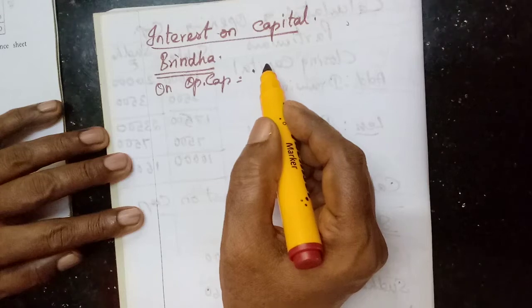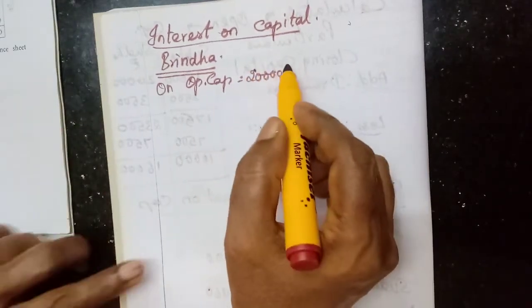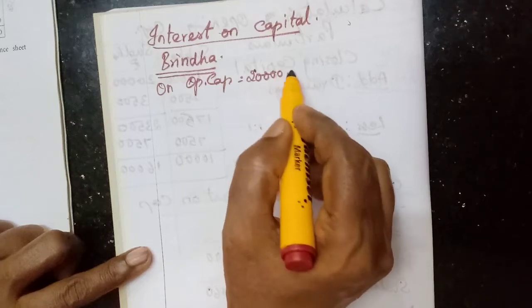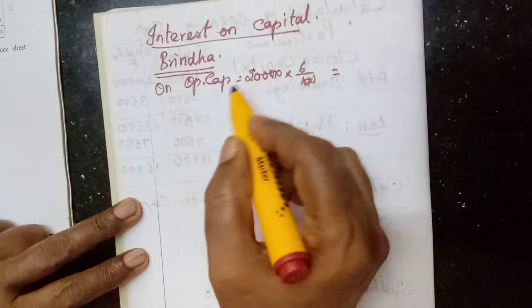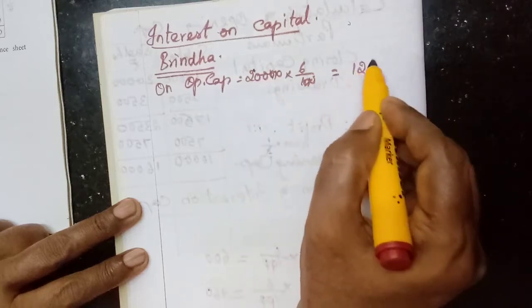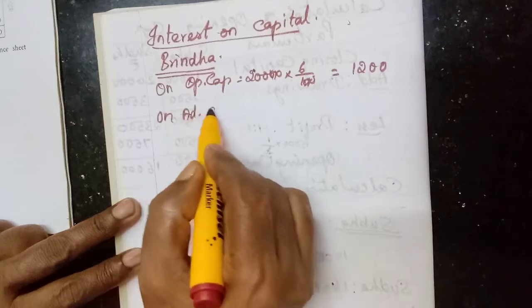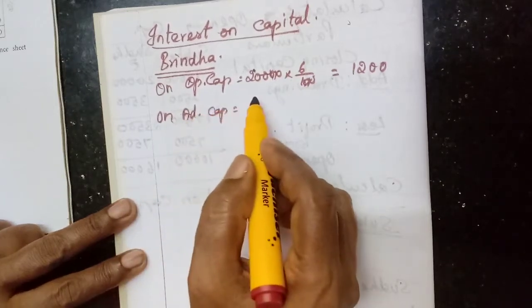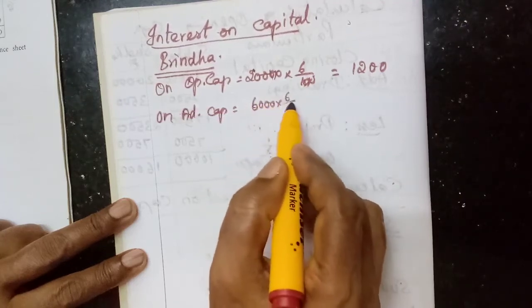Brinda. Now we have calculated, isn't it? 20,000. That is 20,000 into percentage is 6 by 100. Then on additional capital. Additional capital how much, Brinda? 6,000. Isn't it? 6,000. Same rate.